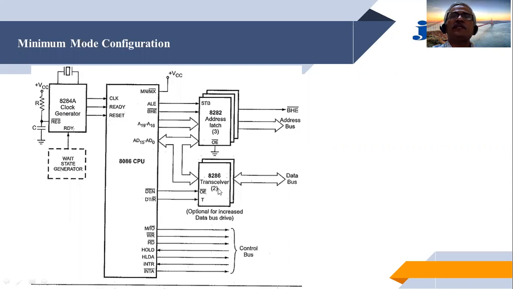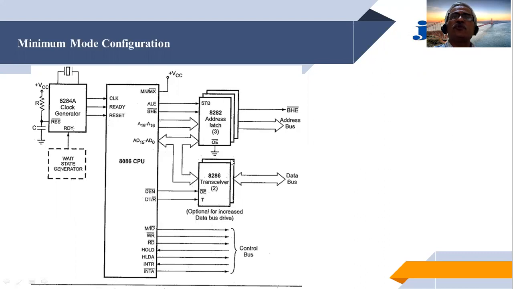Then we require the 8286 transceivers, because when we separate the data lines from the address lines, when we demultiplex them, we can either receive or transmit, so as to select the direction. This direction can be selected by using the data enable and the DT/R bar together.